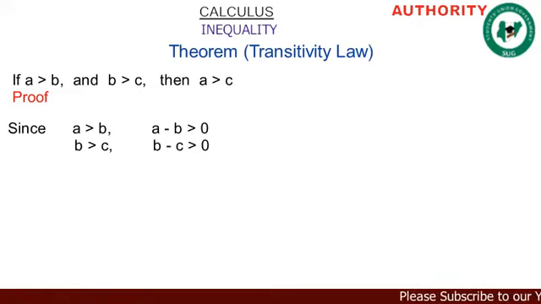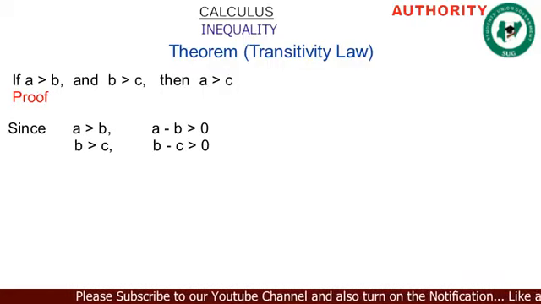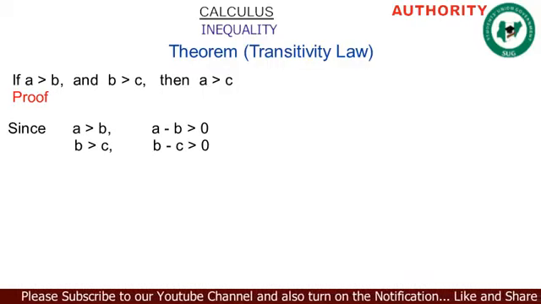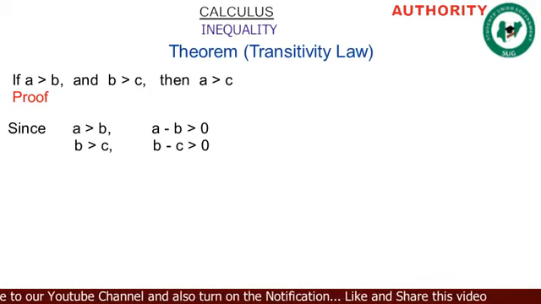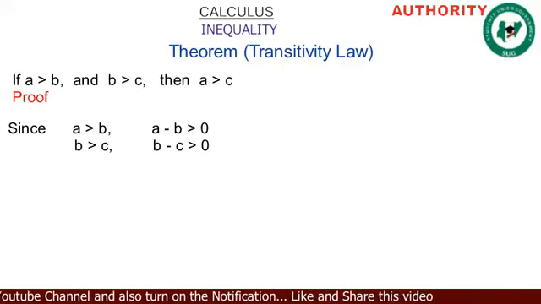We say that since A is greater than B, that means that A minus B must be greater than 0.